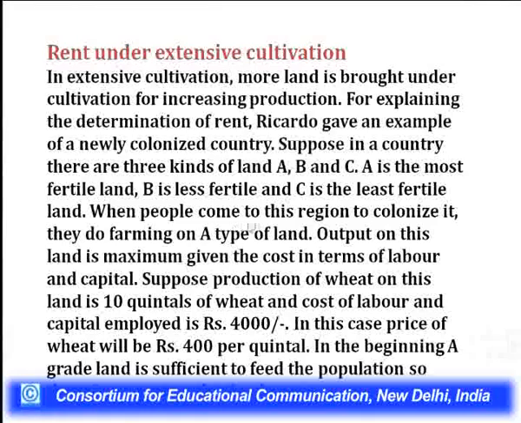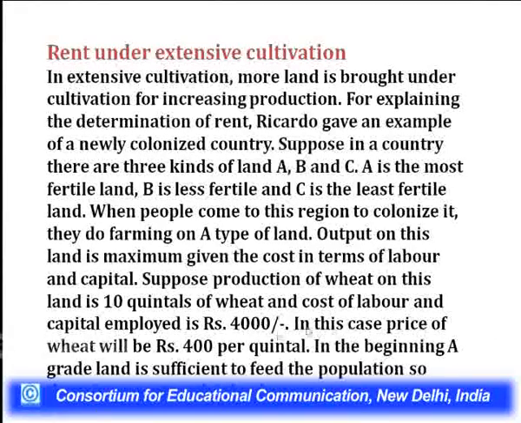When people come to this region to colonize it, firstly they do farming on A type of land. Output on this land is maximum given the cost in terms of labor and capital. Suppose the production of wheat on this land is 10 quintals and the cost of labor and capital employed is rupees 4,000.